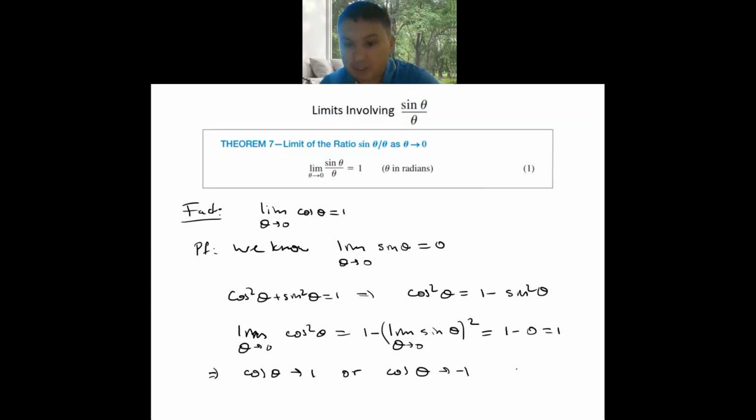But what is theta? Theta is close to 0. When theta is close to 0, it could be positive but very close to 0, or negative, so I'm in the fourth quadrant or first quadrant. In either quadrant, cosine is positive, so minus 1 cannot happen. It means cosine theta goes to 1.